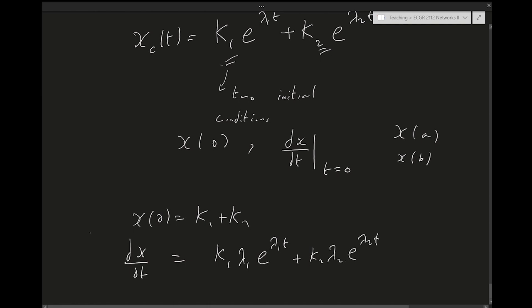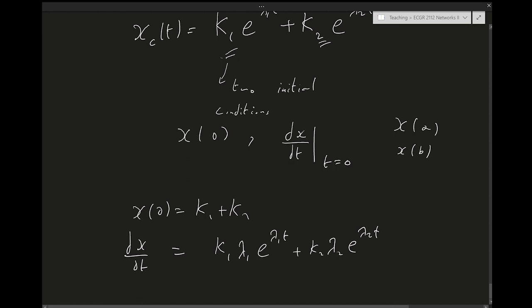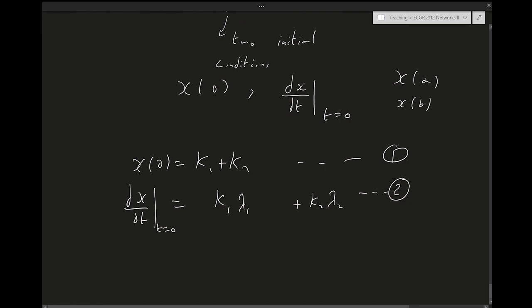I'm just differentiating the exponential. And then take this at t equals 0, which means e to the power 0 is 1, so I end up with this second equation. So I have equation 1, equation 2, 2 unknowns, 2 equations, and I know the natural frequencies. I can solve for k1 and k2. So 2 equations, 2 unknowns allow me to specify the unknowns precisely, k1 and k2.